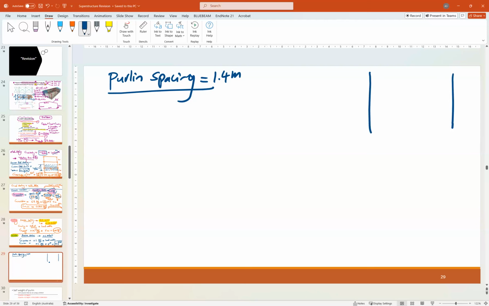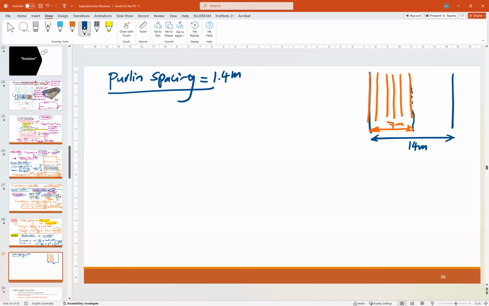If this is our span of 14 meter, or if we work on half, because we usually work on half, so this 7 meter has 1, 2, 3, 4, 5, 6 bays.